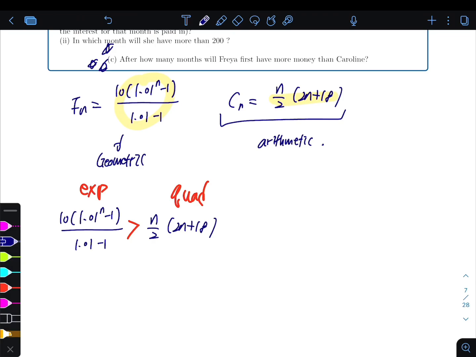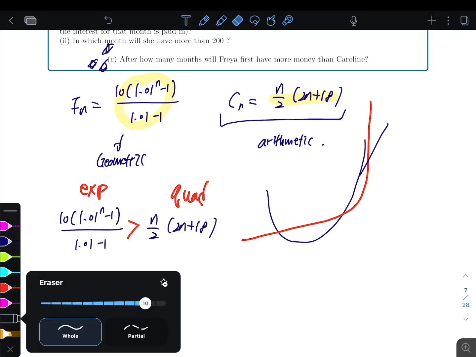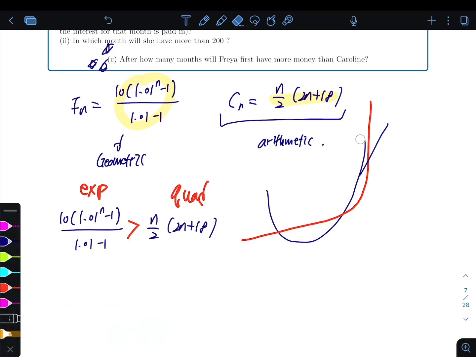The graph, I'm sure, is going to look like exponential and then quadratic like that, right? Look at this. It's going to be quadratic. However, I know eventually, my friend, that the exponential is going to get bigger than the quadratic. Not so good at the drawing, sorry. We know eventually the exponential is going to catch up.